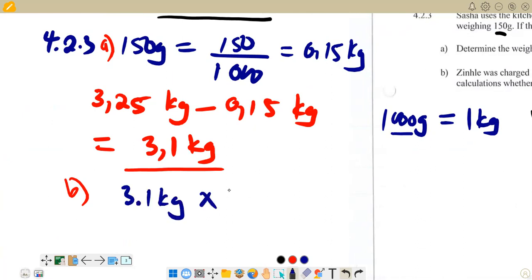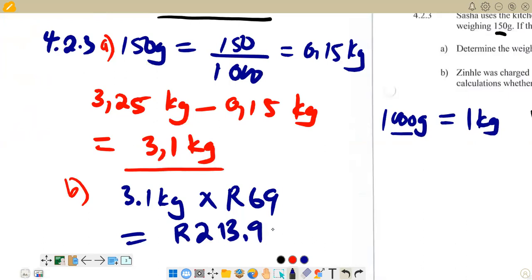Then we multiply by the amount per kg, which is 69 rands. So if you multiply there, let's use our calculator, 3.1 kg times 69, then you get 213.90. So that's what we have there.